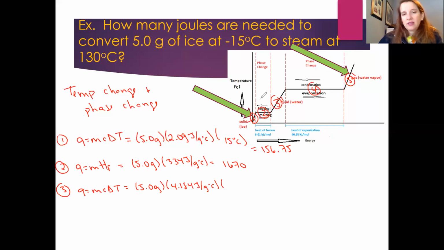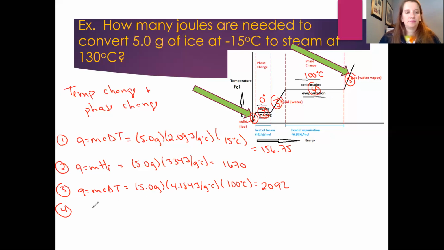Well, this is going to be 0 degrees, this is going to be 100 degrees. So it's going to be water for 100 degrees. So we've got 5 times 4.184 times 100. So this is 2092. Our fourth step is right here where it's horizontal.